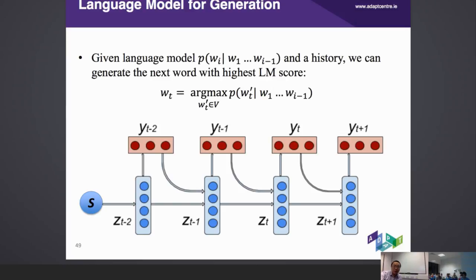We input this output word to the next step along with the current state, and we generate the next state and output the next word. In this way, we can generate a sentence. So we can see the neural language model can be used not only for encoding, but also for decoding.